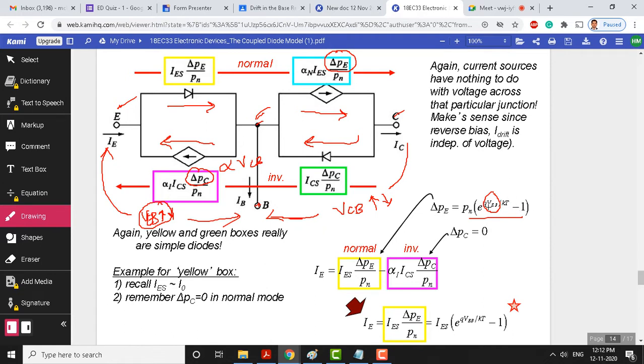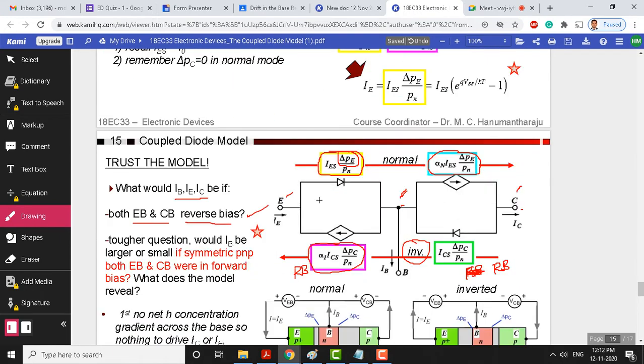Since the emitter-base junction is reverse biased, the exponent becomes negative, and the exponential term becomes completely negligible. So delta P becomes minus P n. That means this is not allowing current, so this becomes an open circuit. Delta P becomes close to 0 here, and delta P here also becomes 0.